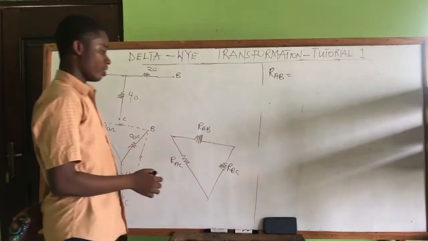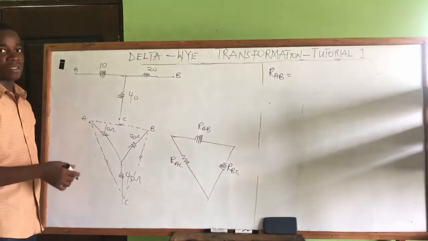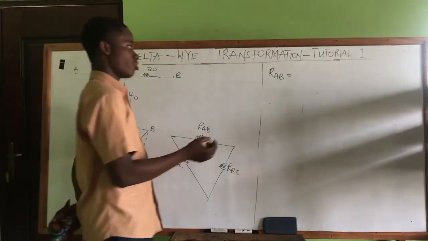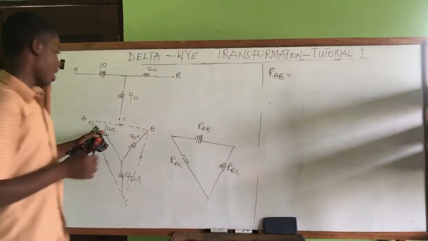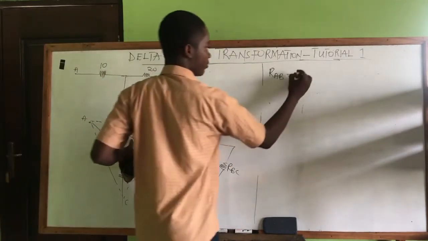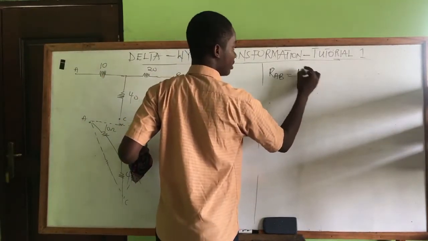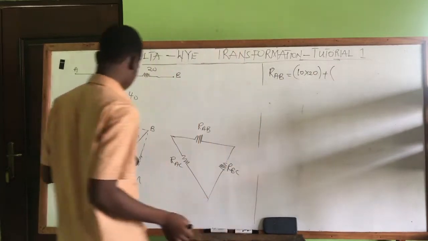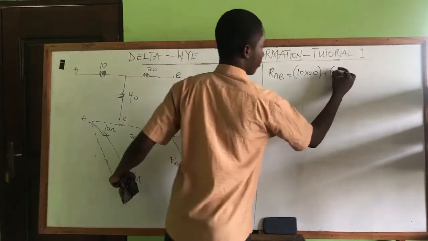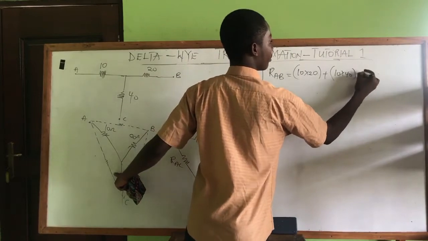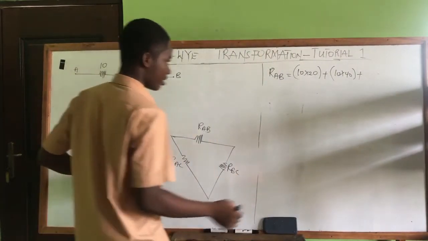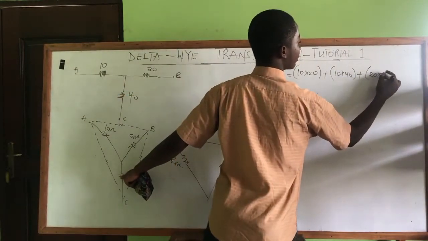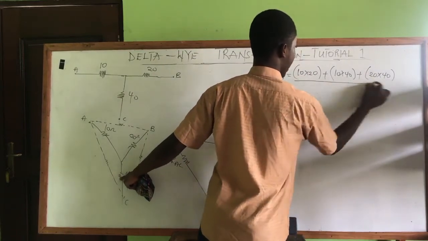So now let's use the formula to calculate RAB. If you remember what we said, we are going to multiply the Y values in pairs. So we take this one multiplied by this one. Let's go straightforward: 10 by 20 plus 10 by 40 plus 20 by 40.